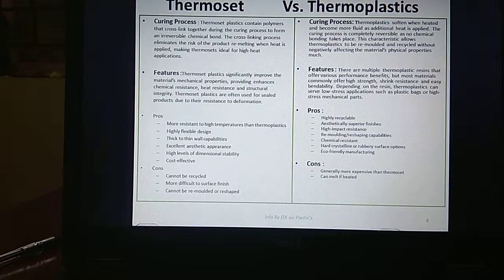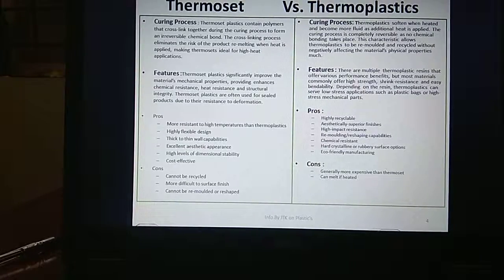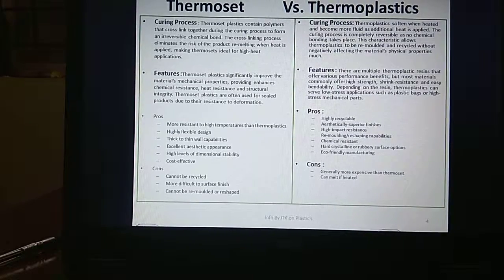Thermoset plastic contains a polymer that cross-links together during the curing process to form an irreversible chemical bond. The cross-linking process eliminates the risk of the product remelting when heat is applied, making thermoset ideal for heat-related applications.